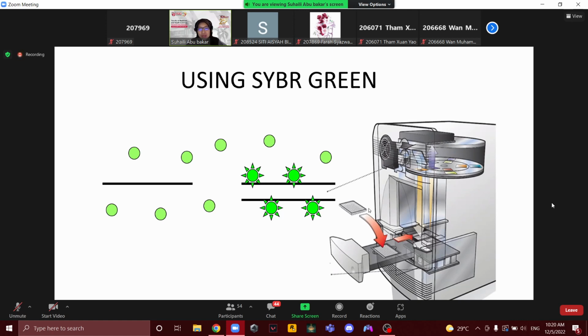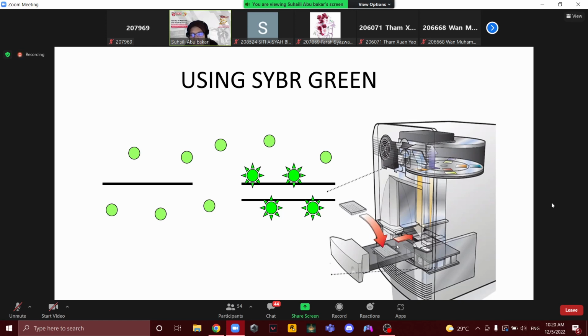This is a plate, instead of a single PCR tube. Insyaallah, I will show you this PCR plate as well, and also the single tube. Sometimes we can put our cocktail here. This one can hold 96 samples, there is also a 384 plate, there are many types. And then you put it in the real-time thermal cycler like this.